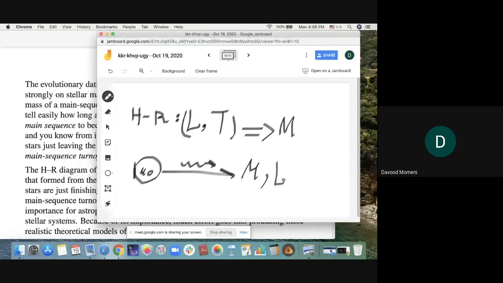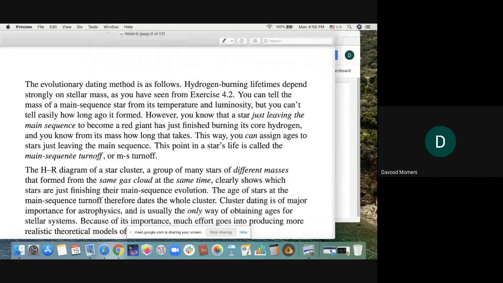So you need the process, all the detail, to tell me the age. And age, you cannot estimate very clearly or very easily from the Hertzsprung-Russell diagram. You cannot do that.